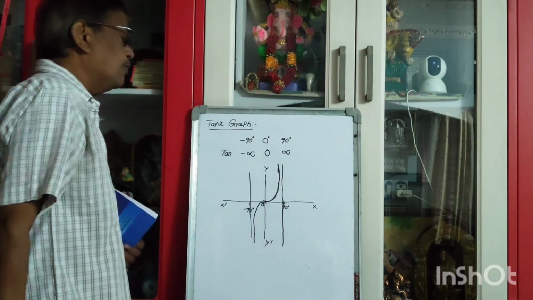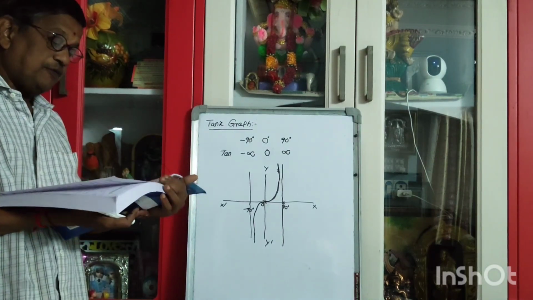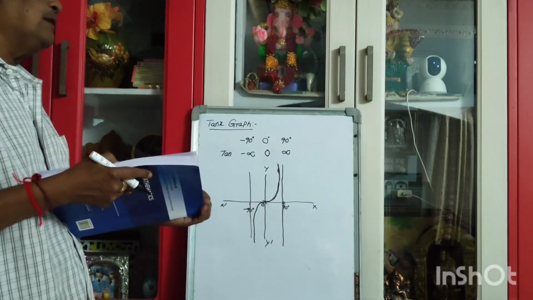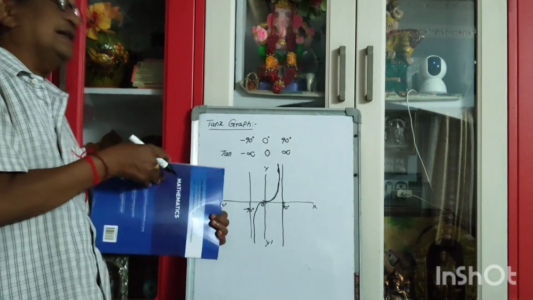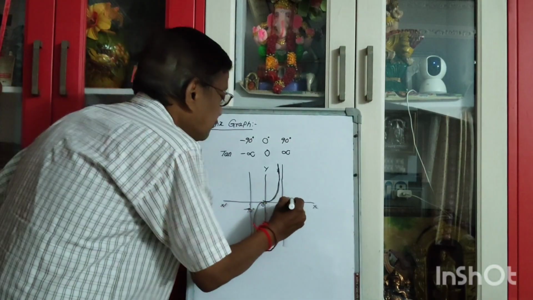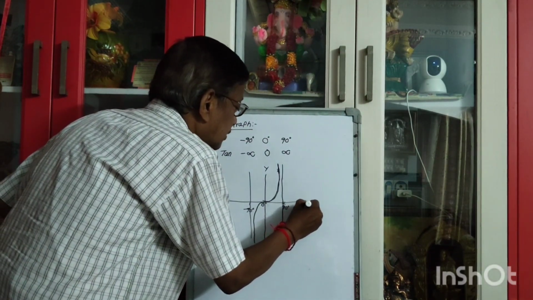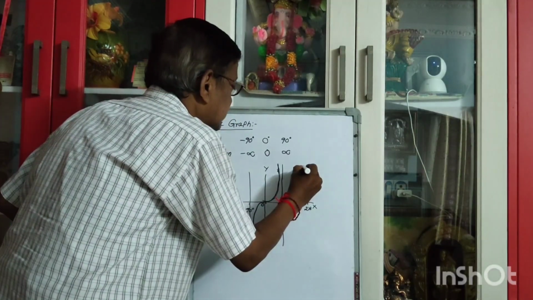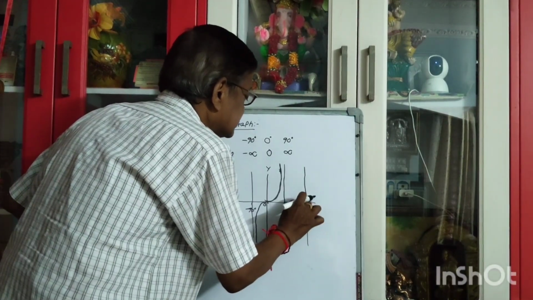Like this it will go. That is the graph of tan x. At pi it will become 0. Again at 3 pi by 2 it will go like that only. If you consider 180, 270, at 270 you can consider a parallel line to the y-axis.